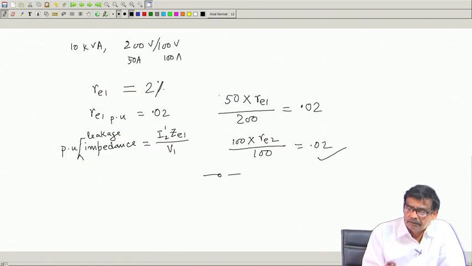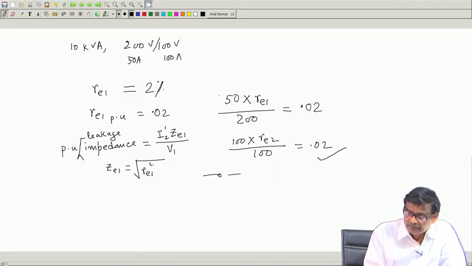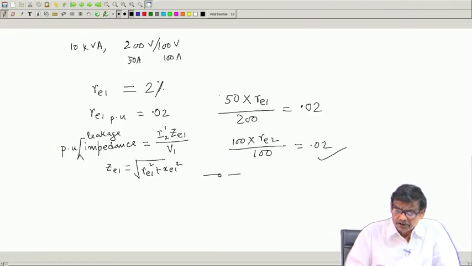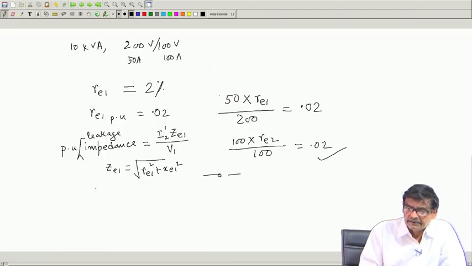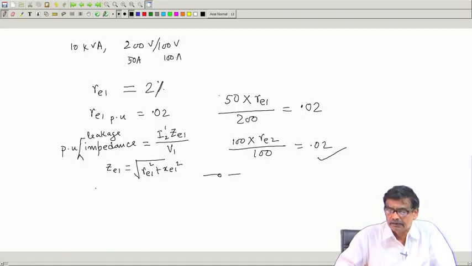All are numbers only, where ZE1 is the actual impedance in ohms, and this is equal to the square root of RE1 square plus XE1 square. And per unit values of resistance, impedance or reactance are the same no matter whether you calculate them from the high voltage side or from the low voltage side. This will come out to be the same.